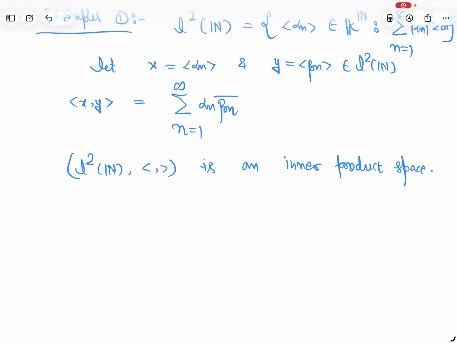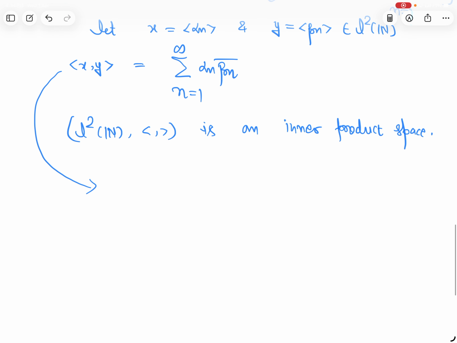To check the inner product, first of all this should be well defined. How do you know that this will converge? Because this is a series, and an absolutely summable series is summable. You also know that l1(N) is properly contained in l2(N).